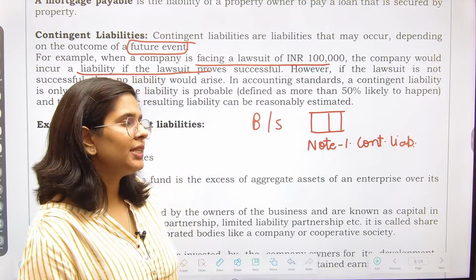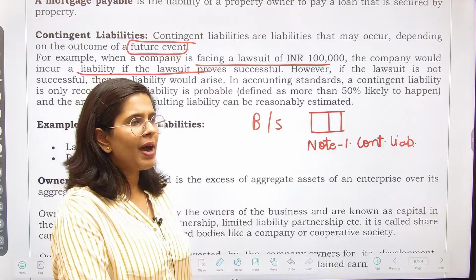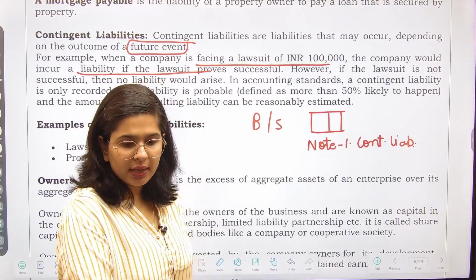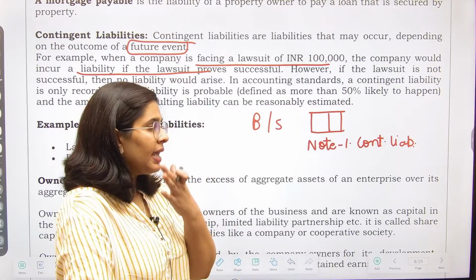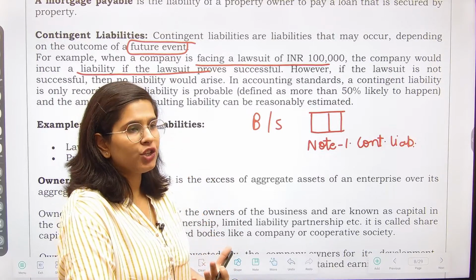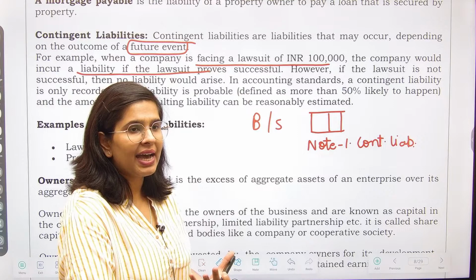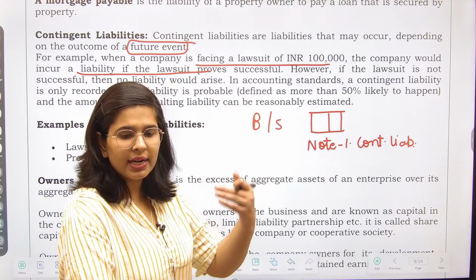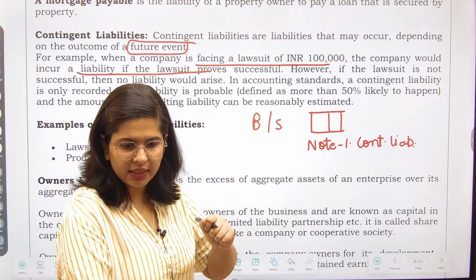Off balance sheet items, no dear, off balance sheet items is something else, right? We are talking about it in the sense of governments. In the sense of governments, off balance sheet items means suppose the government has not taken the loan directly, but it has told its public sector undertaking to take the loan.